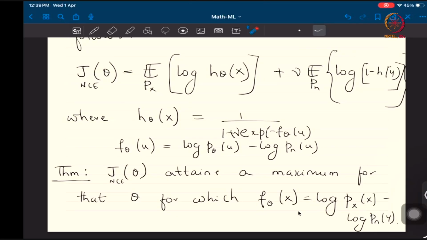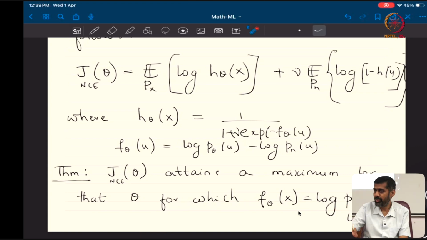Which means that only if this p theta of u, which is the implicit density estimate that this h theta is doing, is equal to Px of x does this objective function attain its maximum. Or in other words, this objective function will attain maxima only if p theta of u here will be equal to Px.